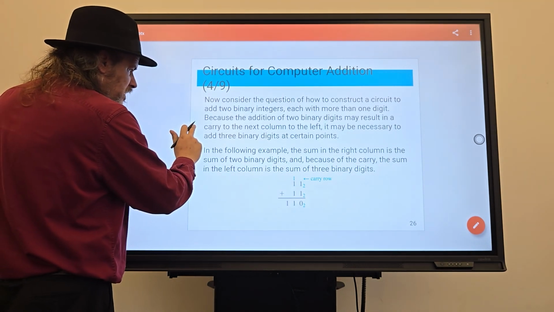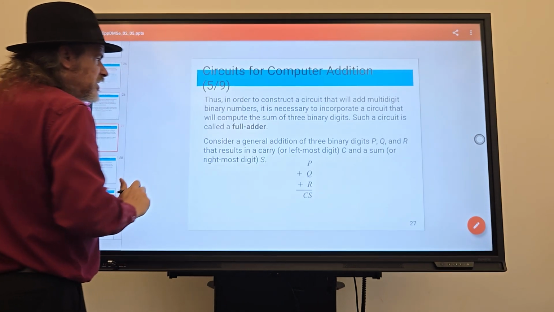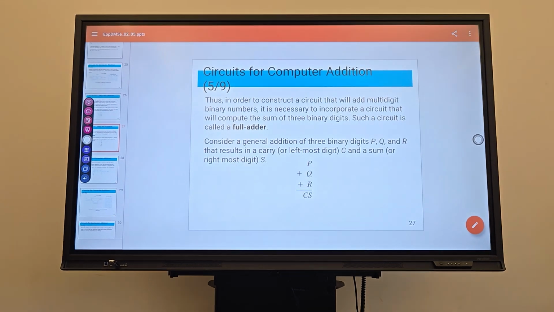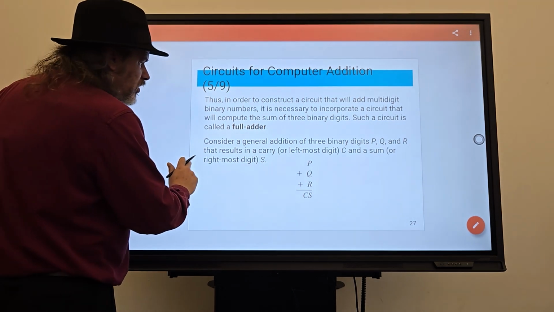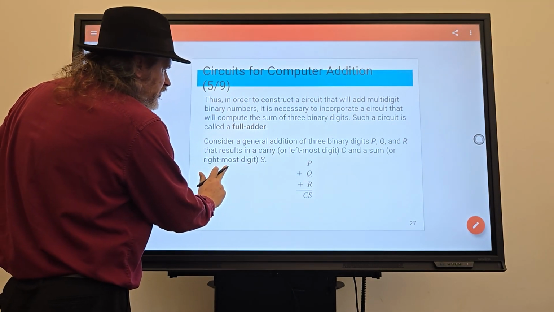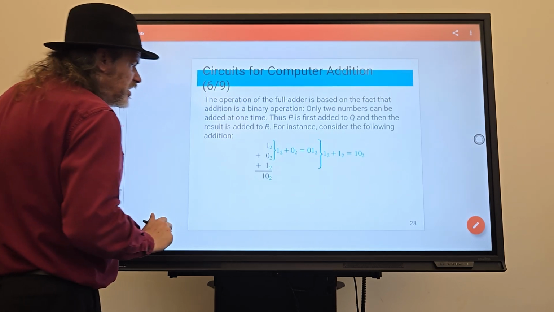The carry needs to be input into the next bit, addition into the next bit, for calculating the next bit.